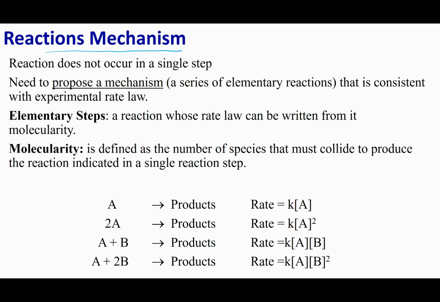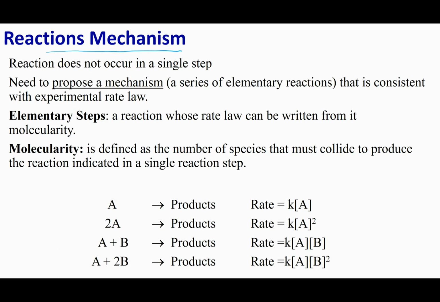Now, what chemists do is they propose mechanisms, meaning they propose a series of these little steps getting from reactants to products. These steps that the chemist proposes are what we call elementary steps.